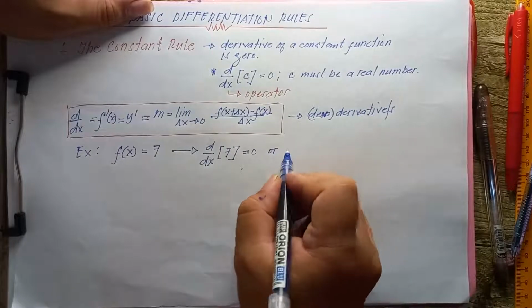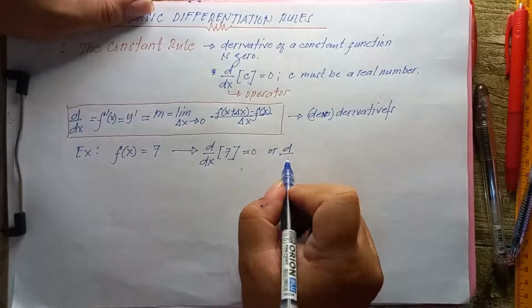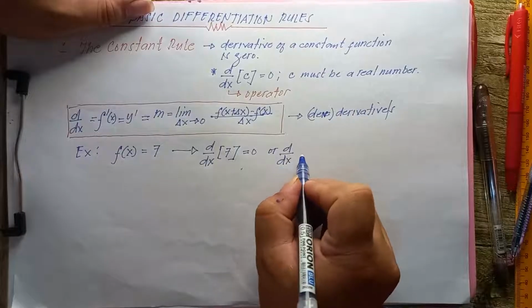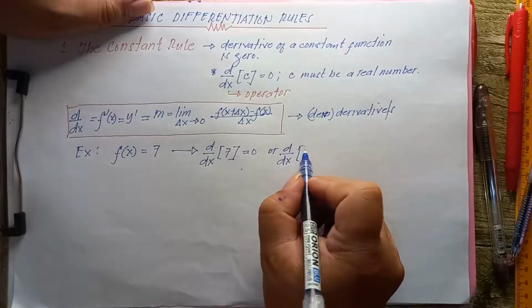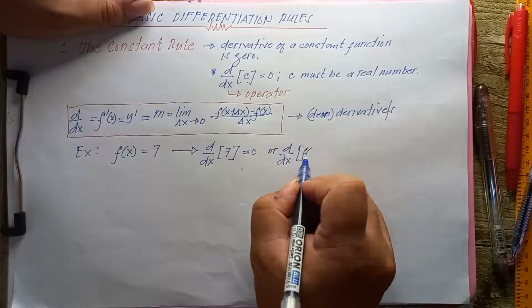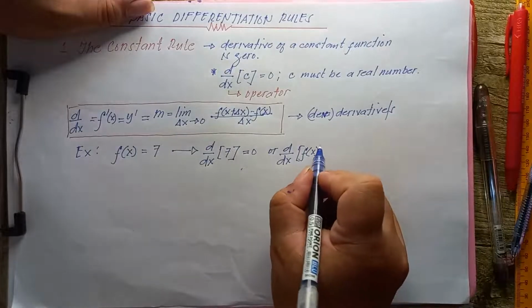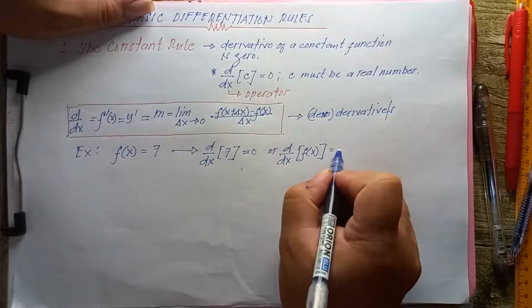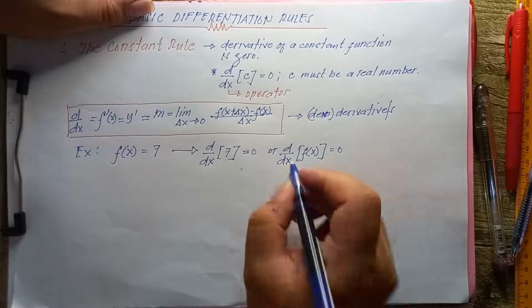Or that can be written as d over dx of f of x is equal to 0. Why 0?